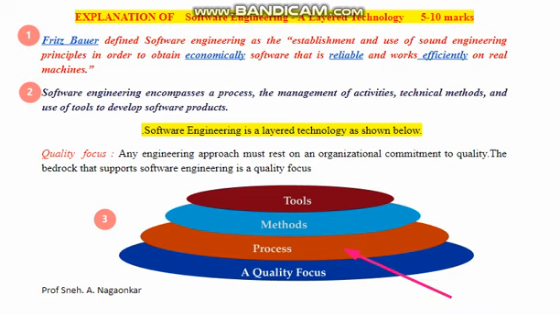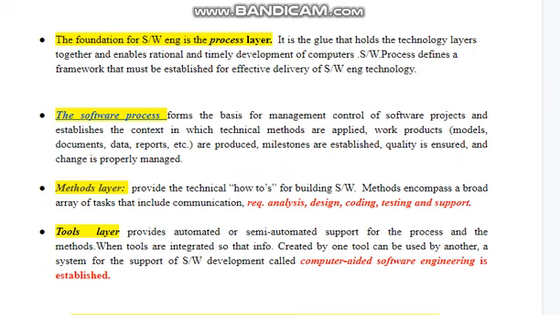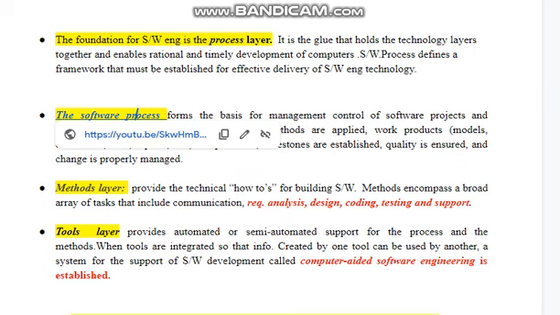So let me elaborate to you about the process layer in detail. Let me tell you about the software process layer. We have seen one video, and I have also attached a link over here, so you can go through it to study in more detail about the software process and software process development.